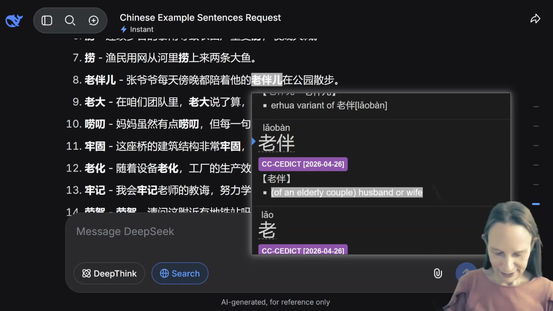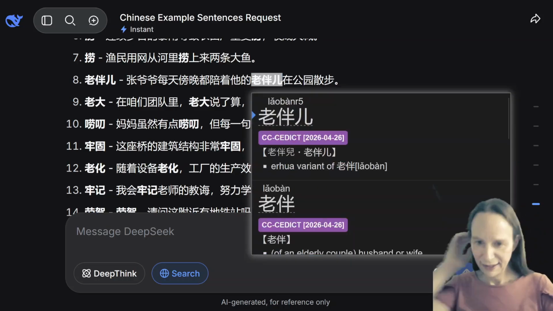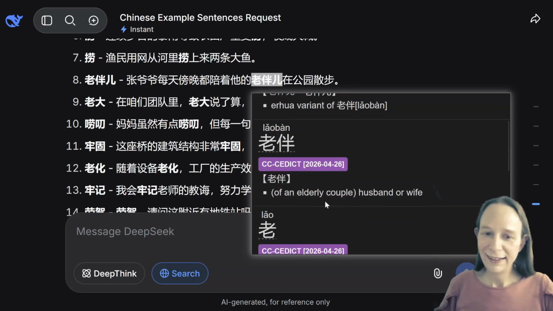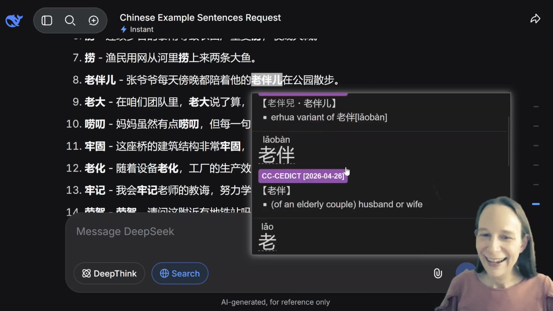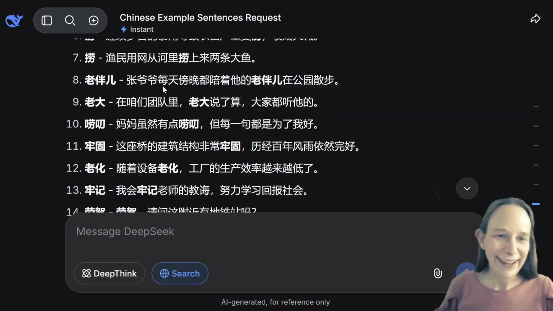All right. Lao. It's not in the dictionary. 老伴儿. 老伴. Yeah, don't get your tones wrong here and don't say 老板. 老板. 老伴. Anyway, let's move on.